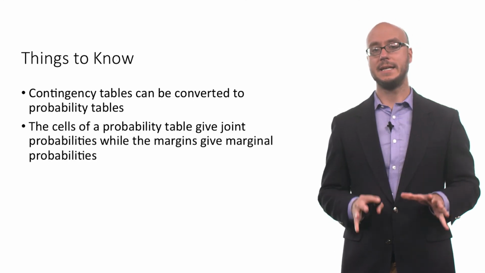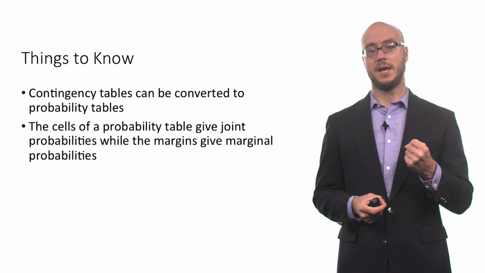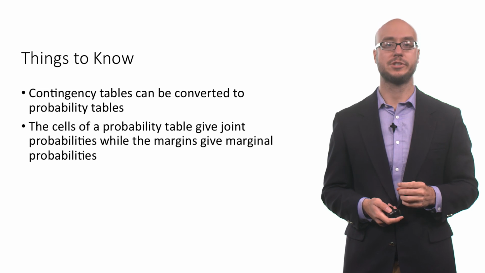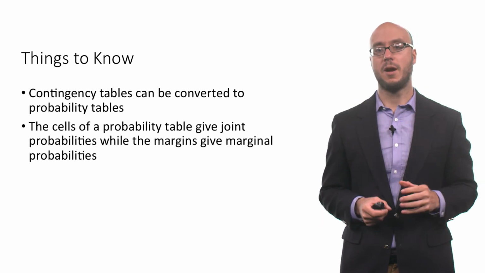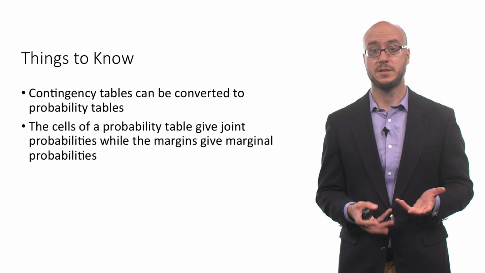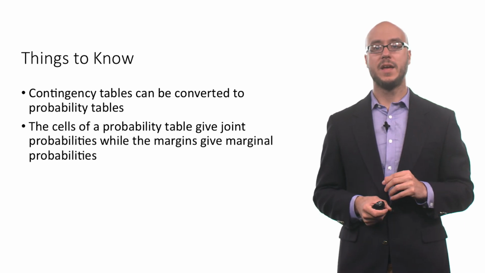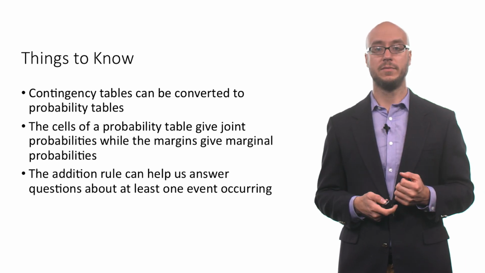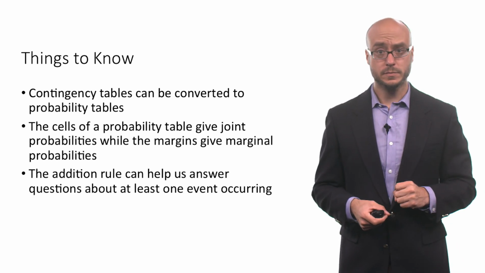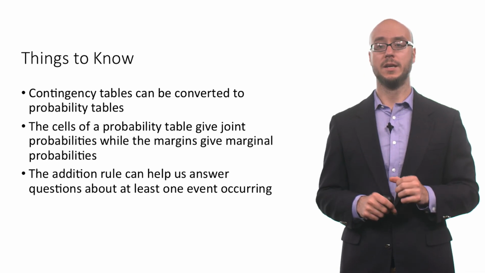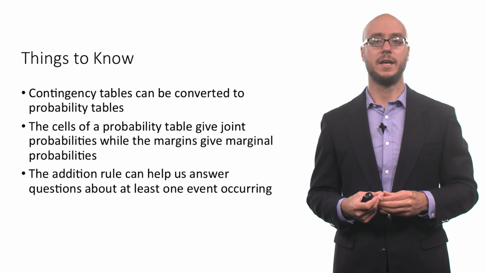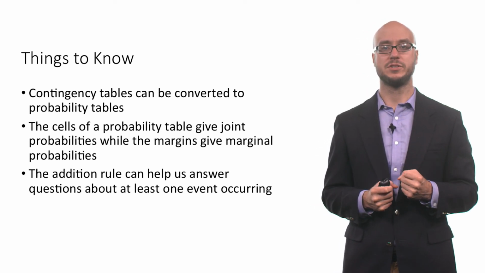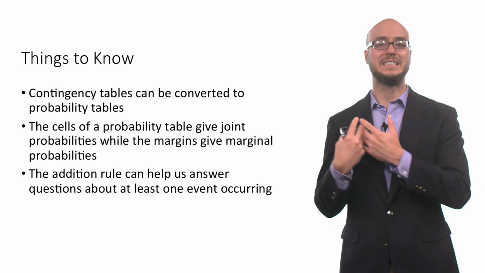The key idea is that a contingency table can be converted to a probability table by simply creating a table of unconditional proportions. Each cell of this probability table gives us joint probabilities, the probabilities of A and B. And then the margins give us the marginal or overall probabilities of A and B. So we might get the probability of A, the probability of B, but those joint probabilities are the probability of A and B. And then we have this idea of the addition rule, and it can help us answer questions when we want to know what's the probability of at least one event occurring.